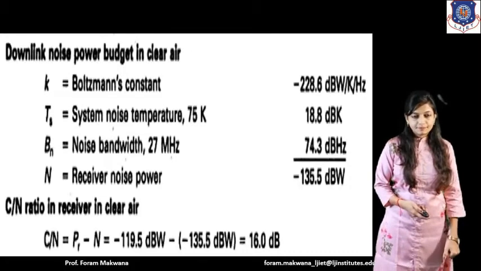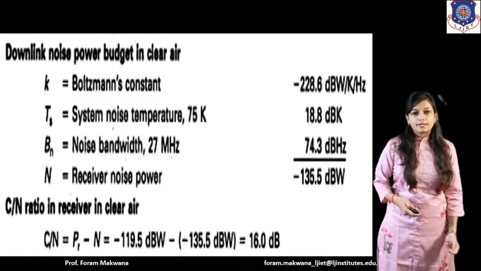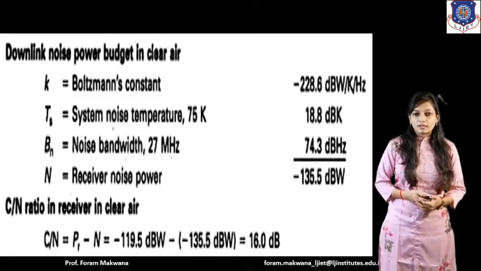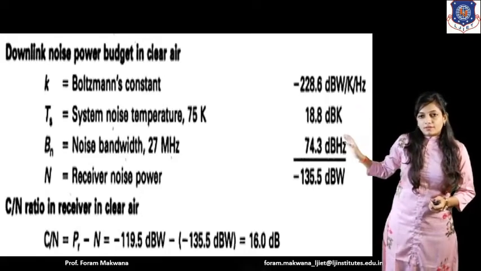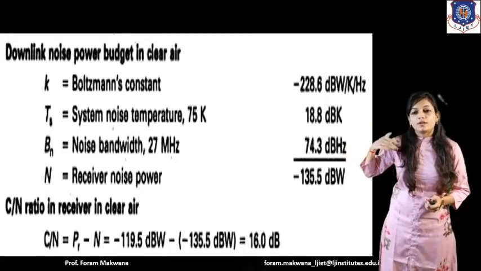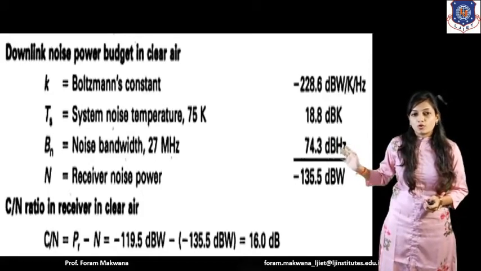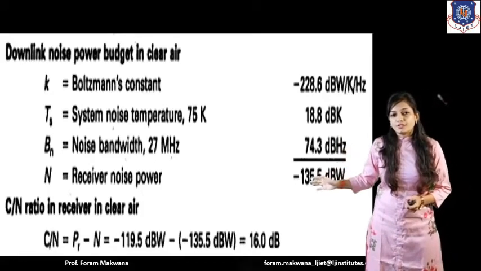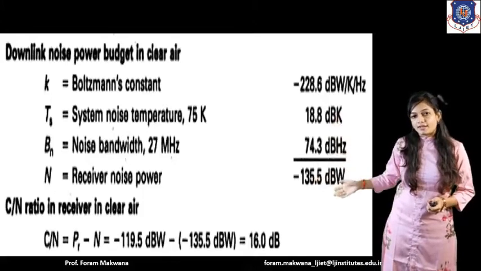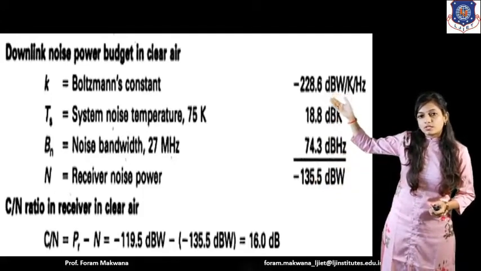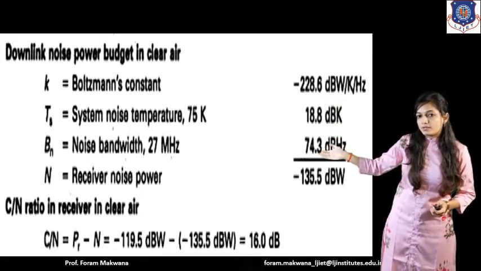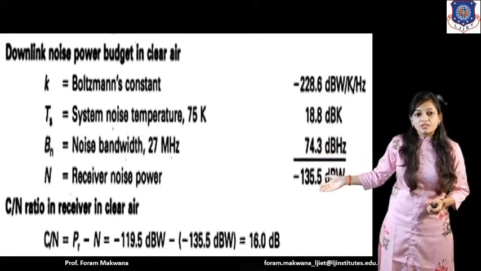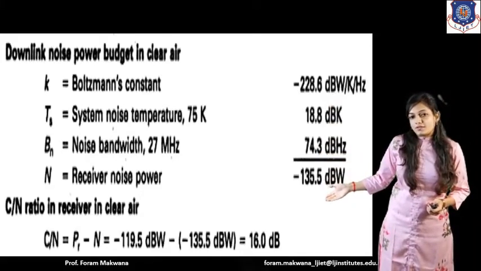Now, how do we calculate the downlink noise power budget in clear air? As we have calculated the carrier power, that is the received power, now we are focusing on the noise power. For noise power, the equation is k T B_N. K is the Boltzmann constant, T is the system noise temperature, which is already given. B_N is the noise bandwidth, and this is the receiver noise power.